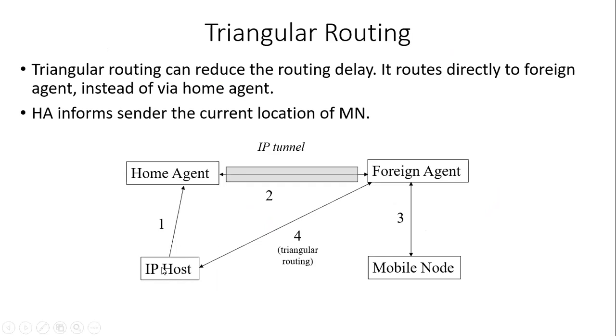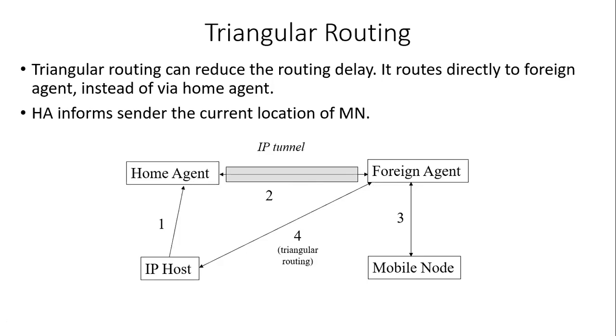Instead of sending via the home agent, in this case, the home agent needs to send the care-of address, the current IP address of the mobile node, to the corresponding node. The original sender will be updated with the current IP address of the mobile node.